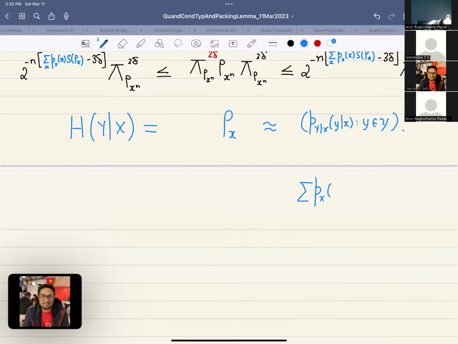In the classical case, you take this probability mass function, look at its entropy, and then average it over P X. So you should expect exactly the same thing: P X of x times S of rho x. That's exactly what we get. Make sense?